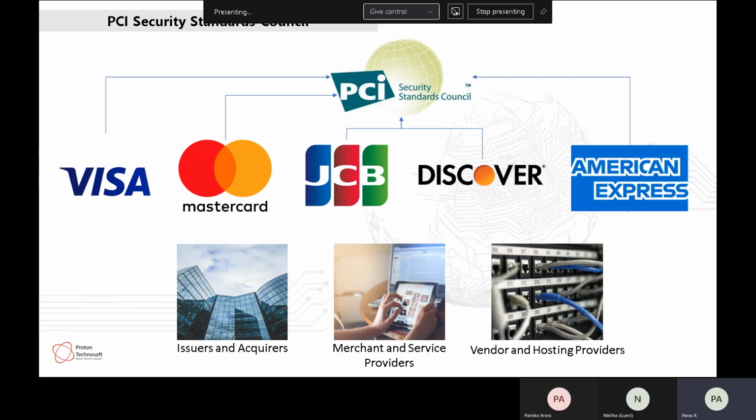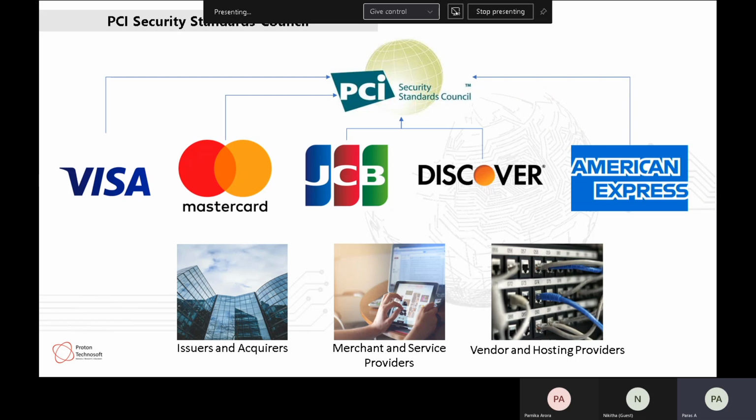Now, this PCI Security Standards Council is an independent body that these 5 payment brands formed. And the role of this council was to create security standards which can be acceptable to all 5 payment brands. So the PCI Security Council will create a security requirement which Visa will accept, MasterCard will accept, and JCB, Discover, and American Express will accept.